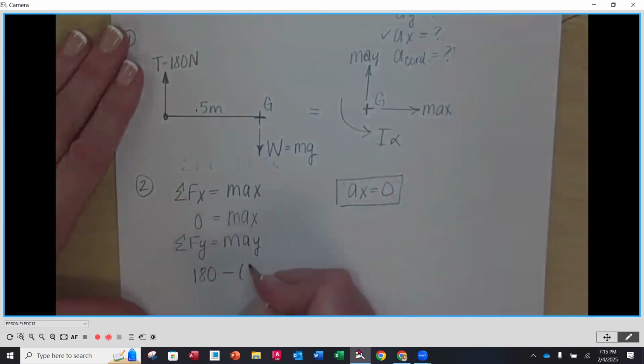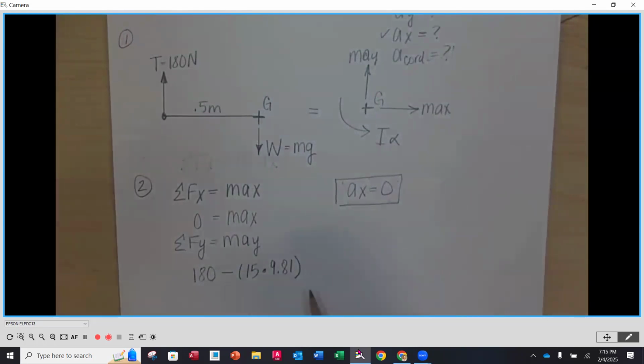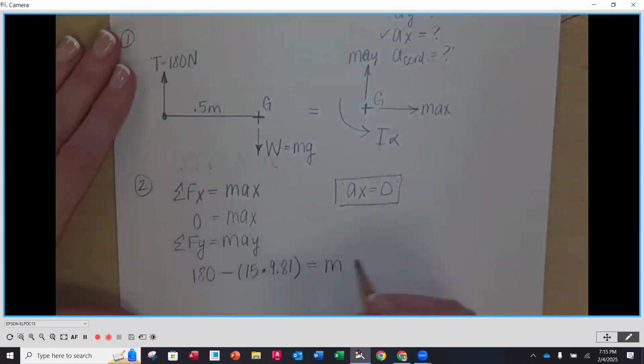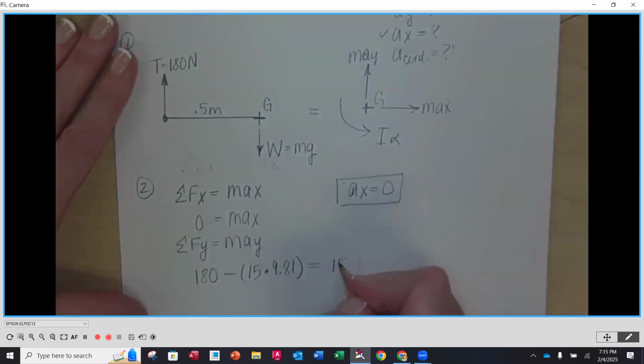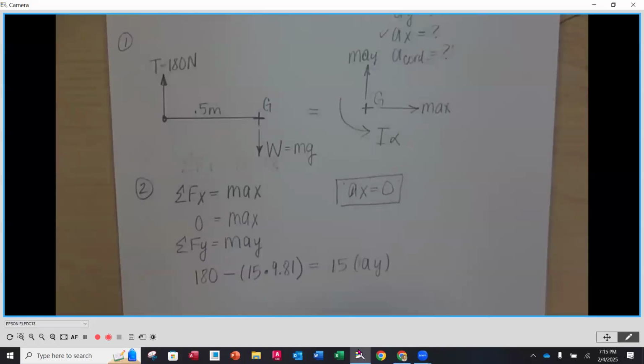So we know the mass is 15 times 9.81. And that's going to be equal to the mass times the acceleration. Oops, I'm sorry, the mass again, which is 15 times the acceleration y.